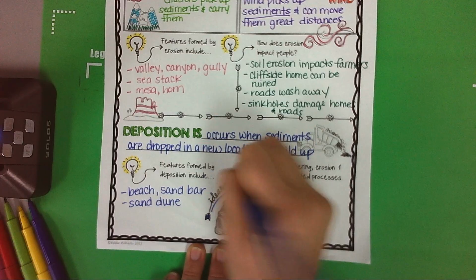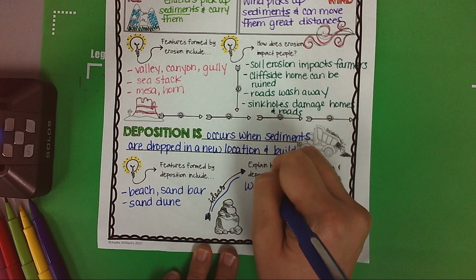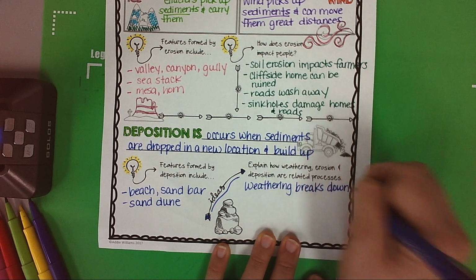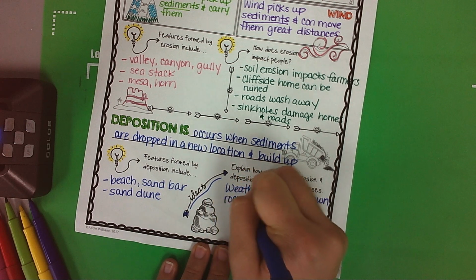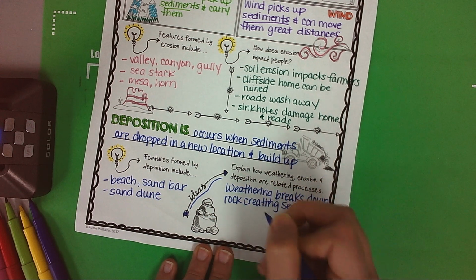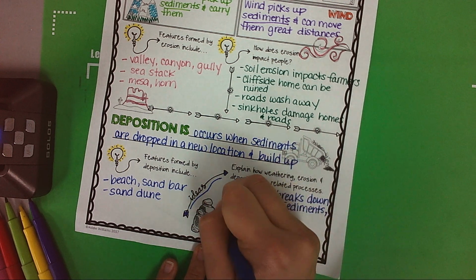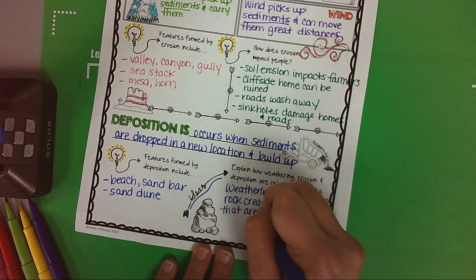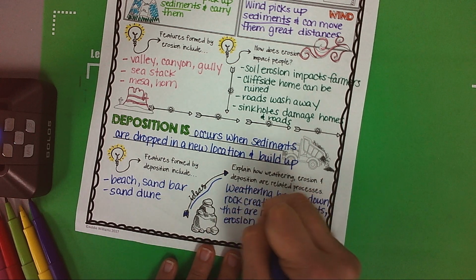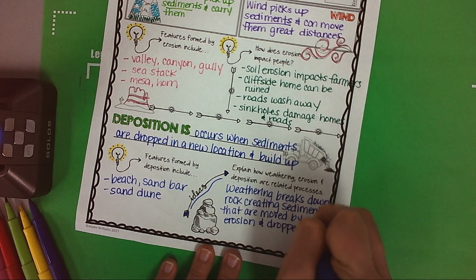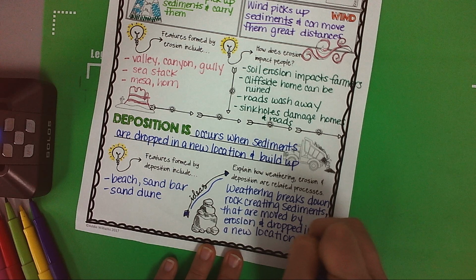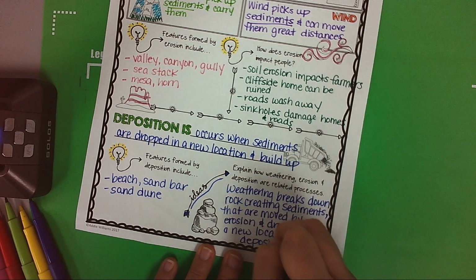All right, so weathering breaks down rock, creating sediment that are moved by erosion and dropped in a new location by deposition.